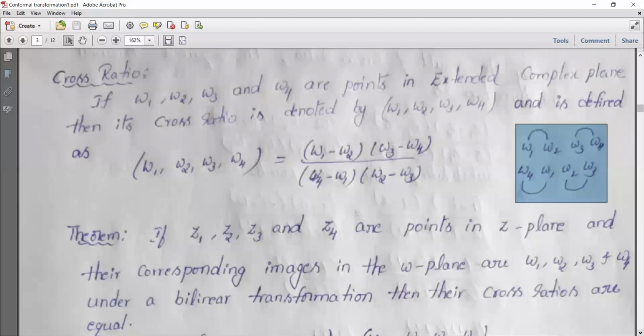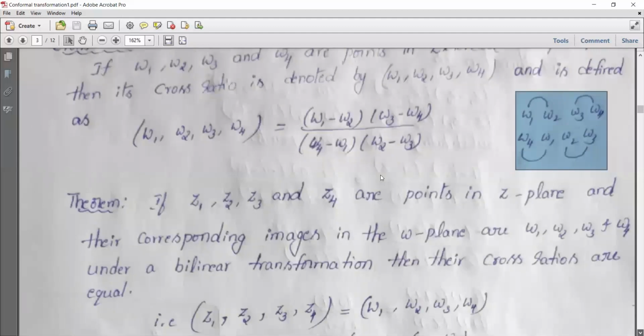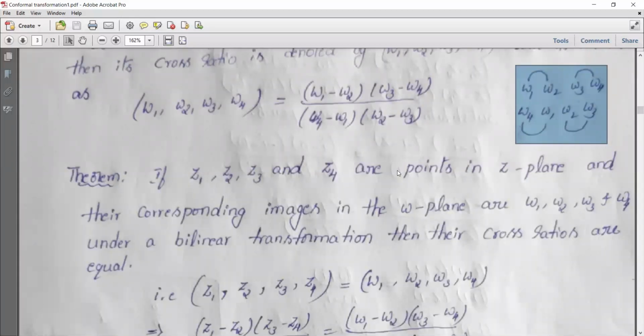If Z1, Z2, Z3 and Z4 are points in the Z plane and their corresponding images in the W plane are W1, W2, W3, W4 under a bilinear transformation, where Z1 transforms to W1, Z2 to W2, Z3 to W3, Z4 to W4, with the help of the bilinear transformation, then their cross ratios are equal.